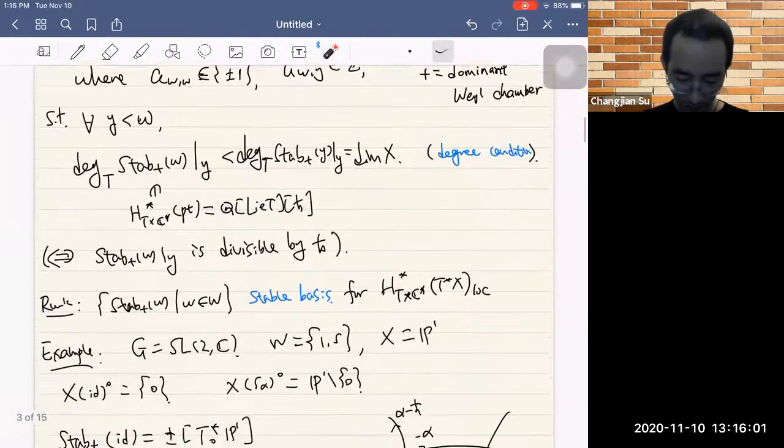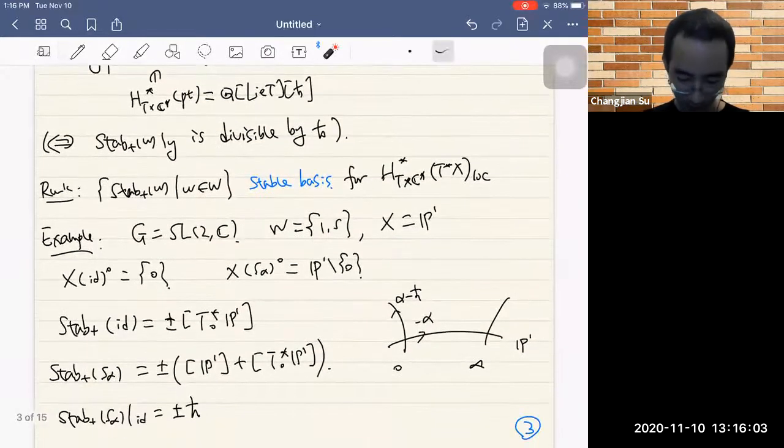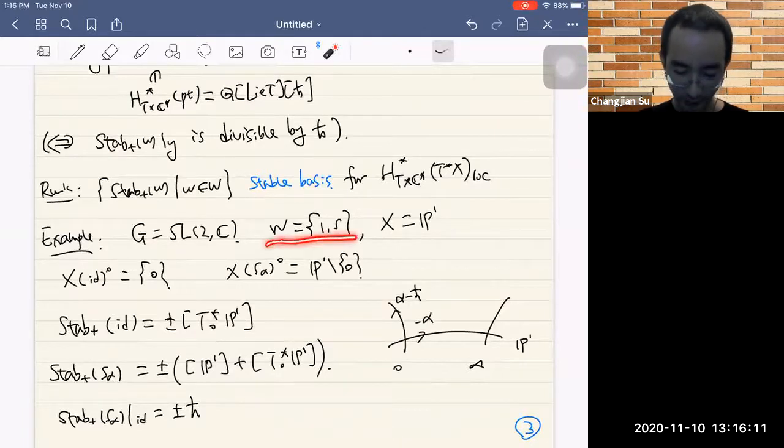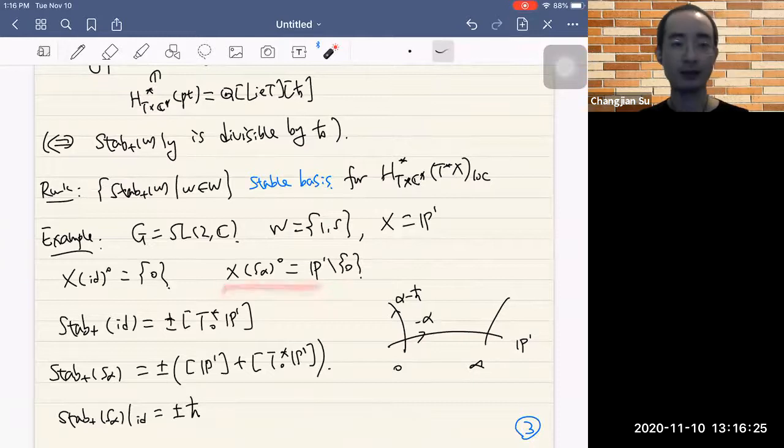Okay, so let's look at a very simple example, i.e. when G equals SL2, so then the flag variety is just P1, and the Weyl group just consists of two elements. The Schubert cell corresponding to the identity is just the point corresponding to this 0 on this P1. And the other Schubert cell is just P1 minus 0.